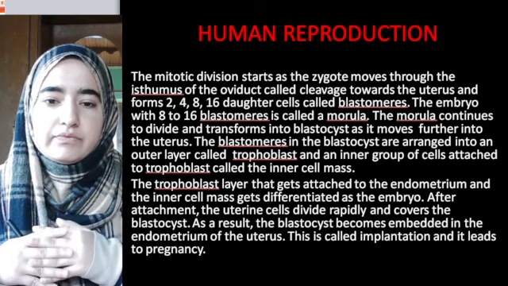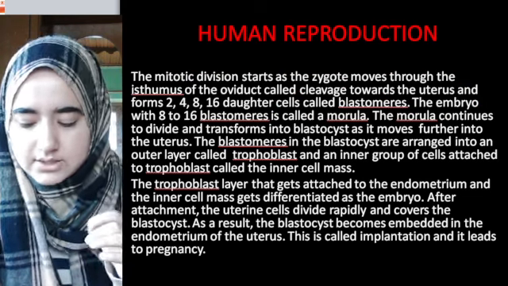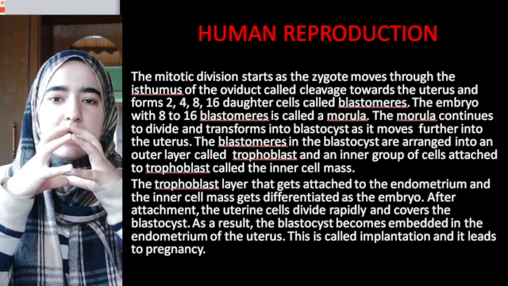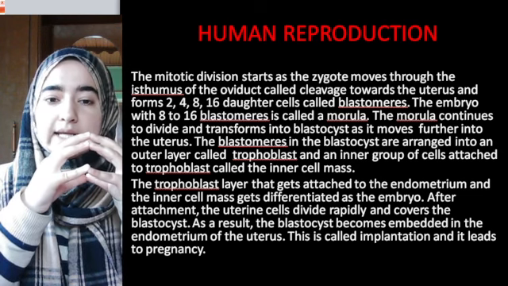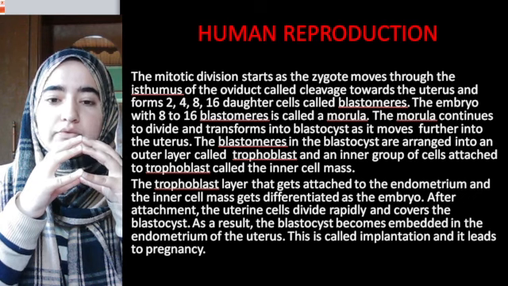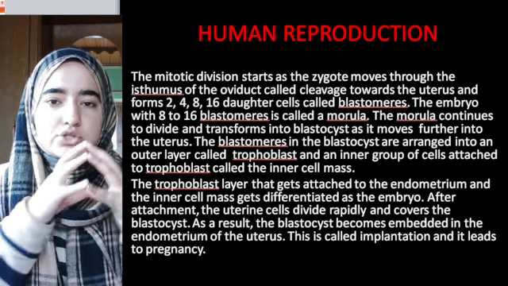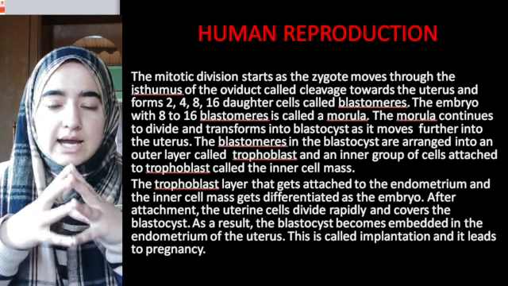The inner cell mass is obviously inside this trophoblast. Say for example, this is the outer layer, the trophoblast, and inside the trophoblast I have the inner cell mass. This trophoblast will get attached to the wall of the uterus, which we call the uterine wall. The trophoblast layer gets attached to the innermost uterine wall, that is the endometrium.